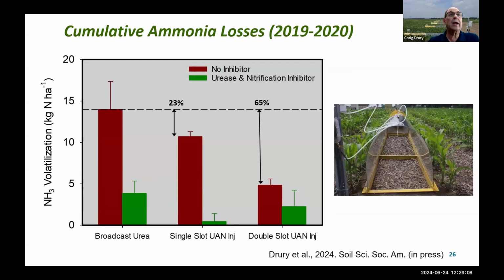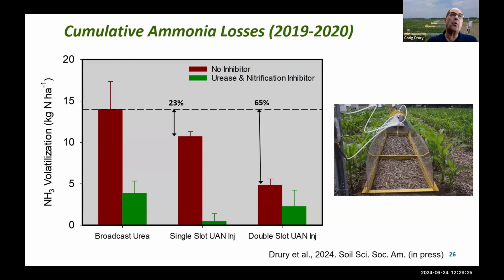Okay, so if you look at cumulative losses, the average over these 2 years was about 13 kilograms of N. In that first broadcast urea, there was a dramatic reduction in loss when we added Super U with the dual inhibitors.